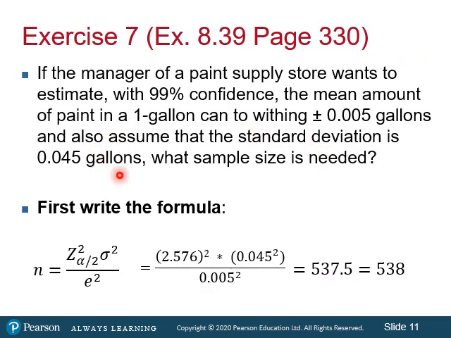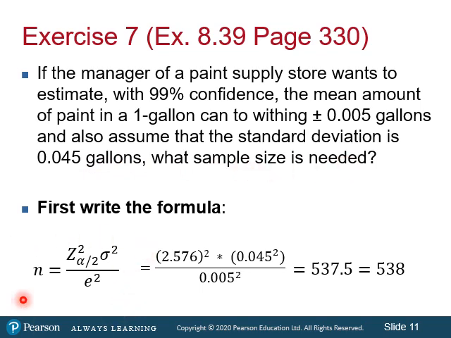Next, I'll walk you through an exercise which is given in page 330, exercise number 7, exercise 8.39. If the manager of a paint supply store wants to estimate with 99% confidence the mean amount of paint in a 1 gallon can to within plus minus 0.005 gallons, and also assume that the standard deviation is 0.045 gallons, what sample size is needed?